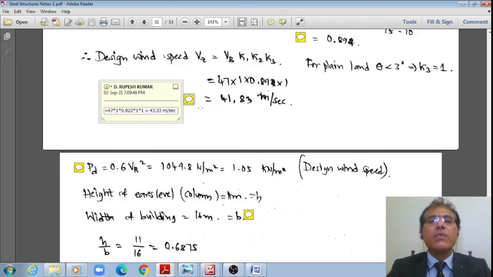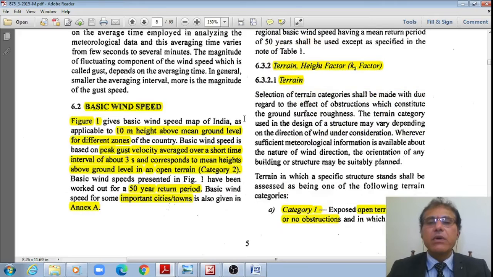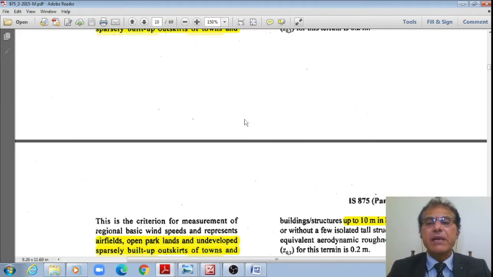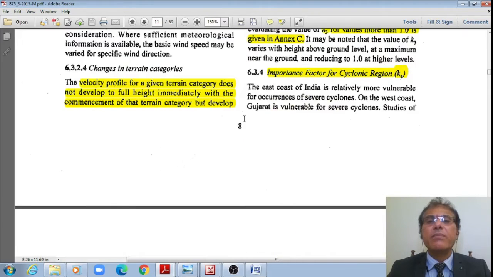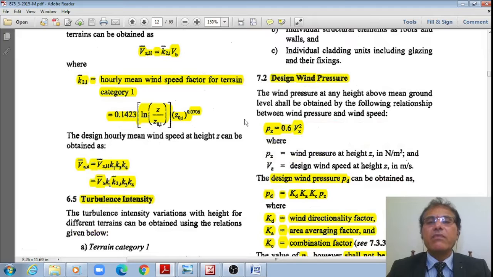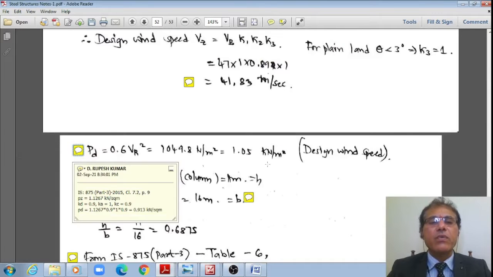Therefore, now Vz will work out to 43.33 meter per second, whereas here as per the new code IS 875 Part 3 clause 7.2 page number 9, Pd is given by 0.6 Vz square, wherein Pz itself is multiplied by Kd, Ka, Kc. That we have explained the other day. Therefore, it now works out.